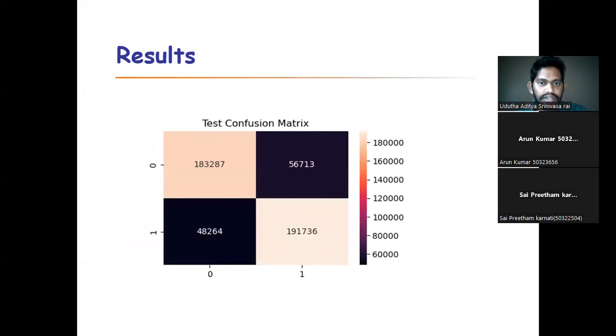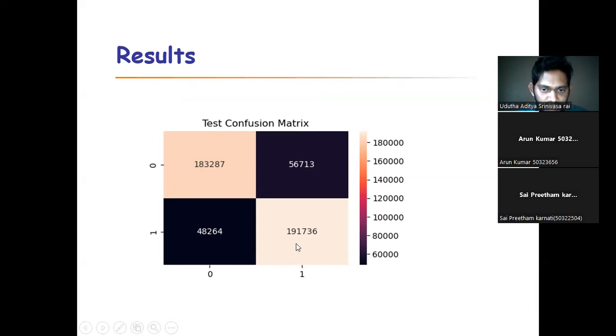So this was the result. In total, we trained 2 lakh 90,000 records. In that, 1 lakh 83,000 records were predicted as negative, and 56,000 were wrong, this was not predicted correctly by the system.